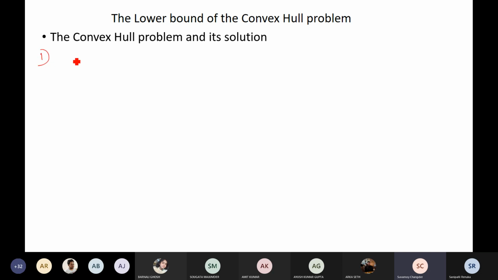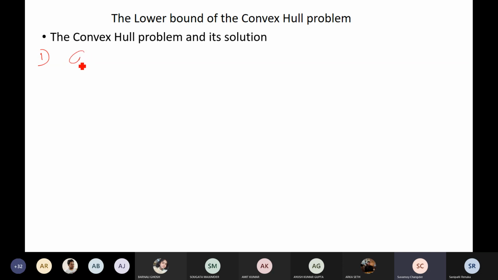There are two algorithms. Again, I will discuss this in detail during our branch and bound topic, but just for a brief discussion. We are having two different kinds of solutions or algorithms to solve this convex hull.